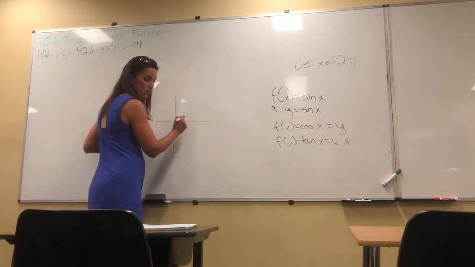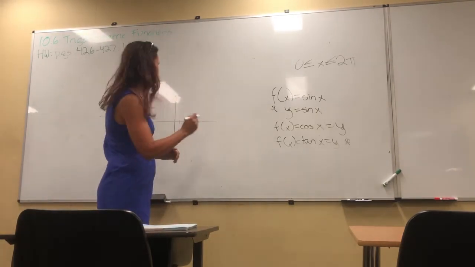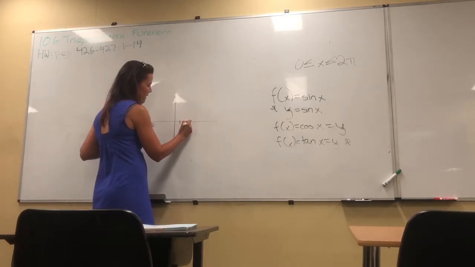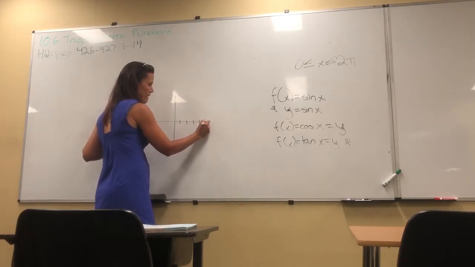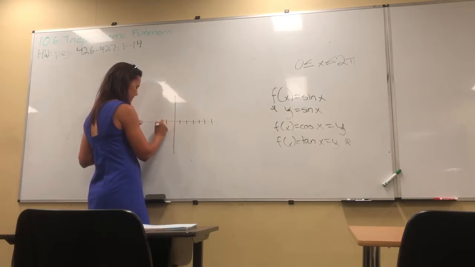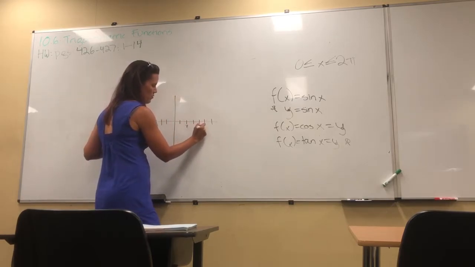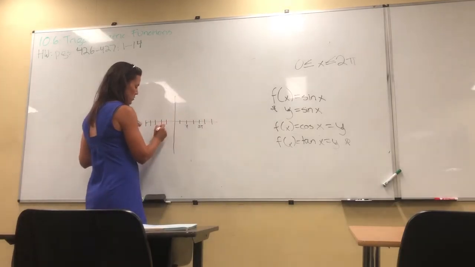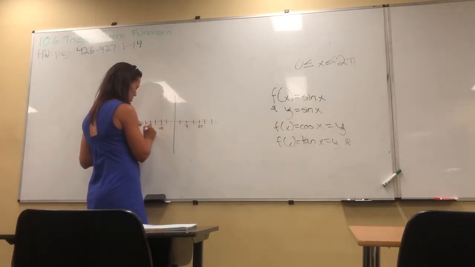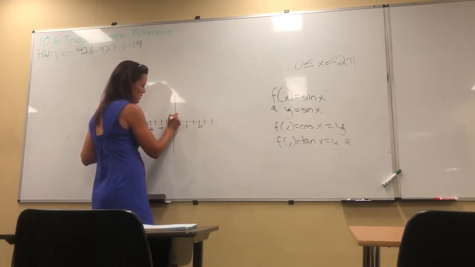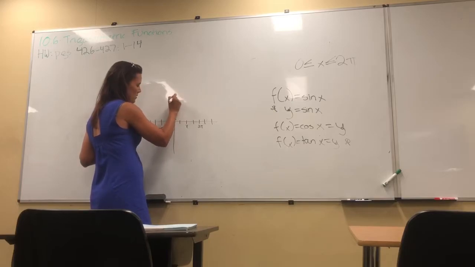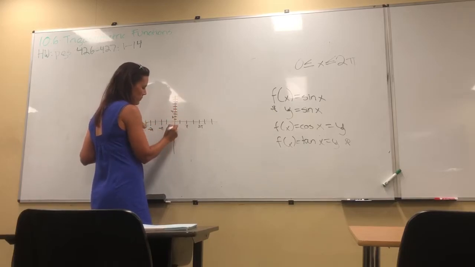I'm going to go ahead and do it by numbers up here and by pi over here. So that's pi, 2 pi, and we don't really have to go further, but just for practice, I'm going to do that. Now these are going to be 1, 2, 3, 4, 2, 4.